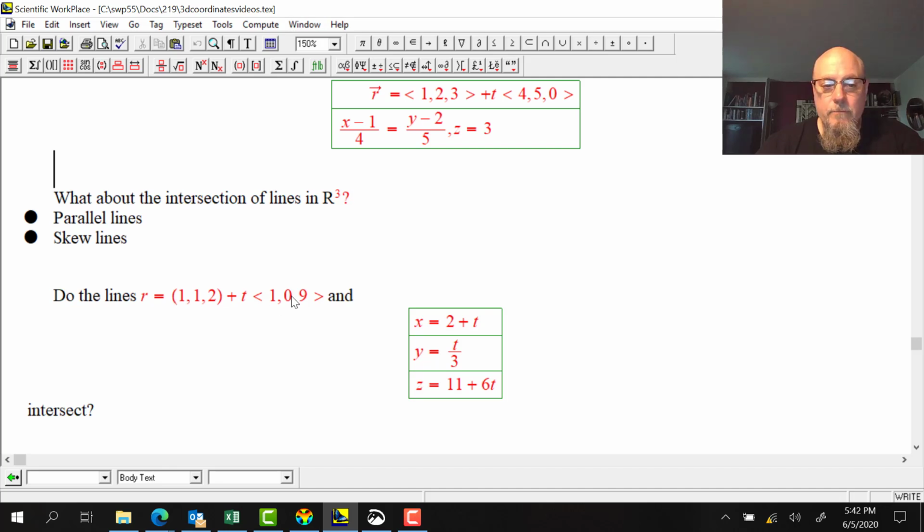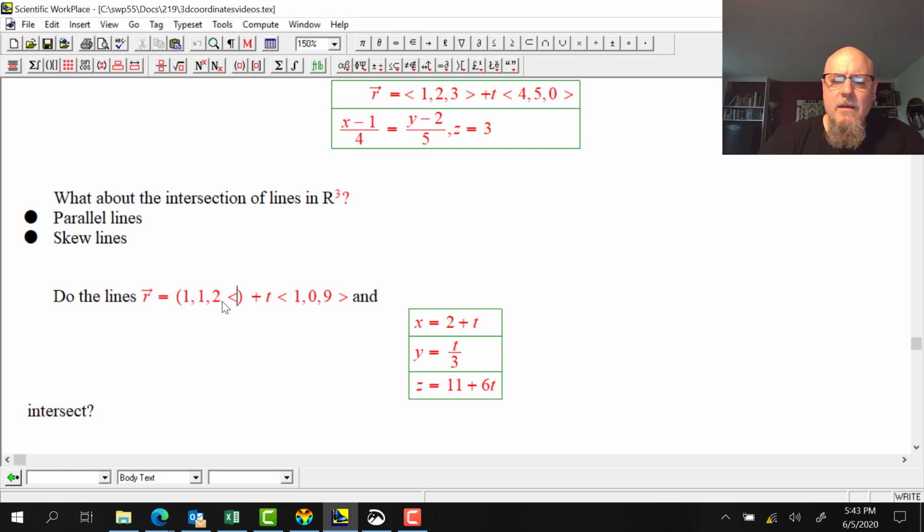Here are two lines. The first one's written in vector form, but I can still see there's the point and there's the vector. Because I want to add a vector to a vector, I should probably use vector notation for the point it goes through, 1, 1, 2, to be really good.